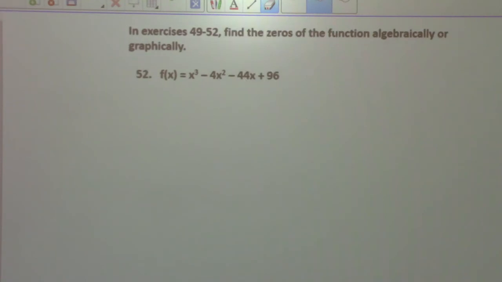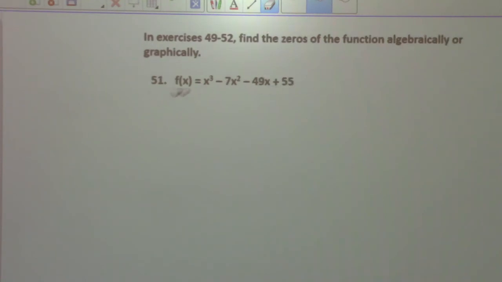So I would just go ahead and graph this. When you graph this, where are you going to see the zeros? Where x or y equals 0? Where x equals 0. No, find where y equals 0.